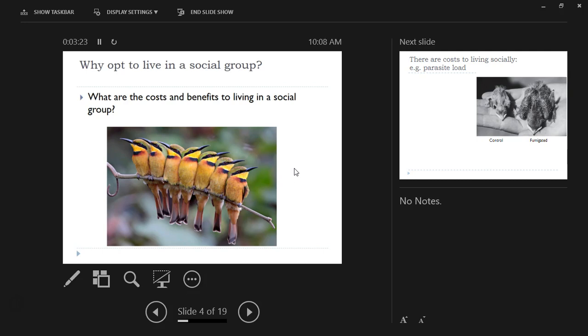So dilution effect, selfish herd, these kinds of ideas, we talked about those things. What else comes to mind? Other things that might be benefits or costs? Yeah. Others? Yeah.